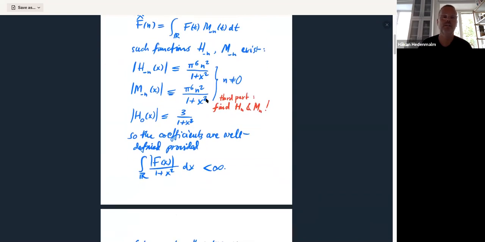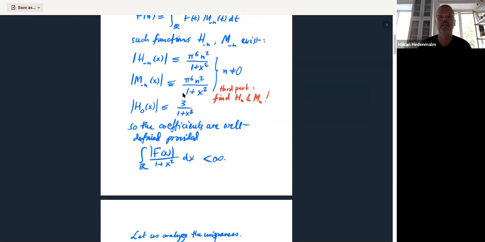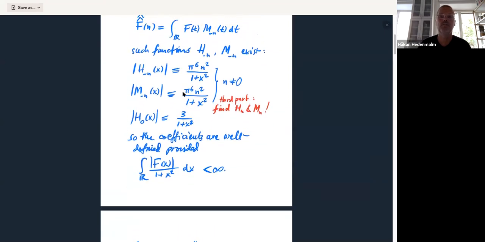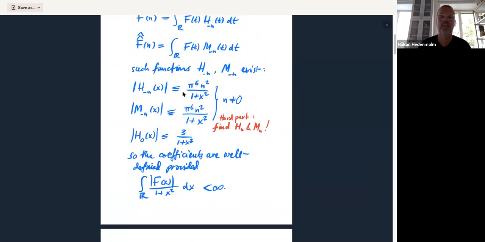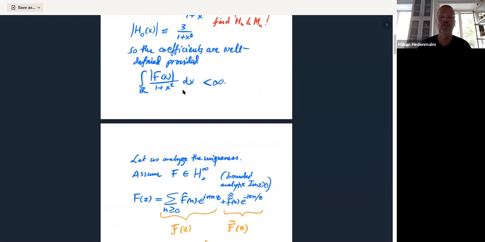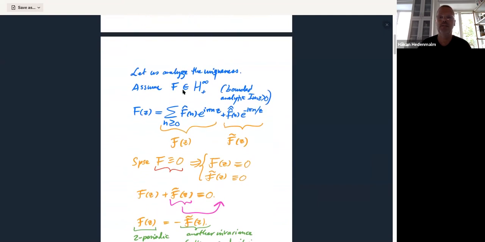In fact, I think they're maybe entire functions, but they behave very well, and at least they're smooth on the real line and decay in a good way. So you can have these coefficients.